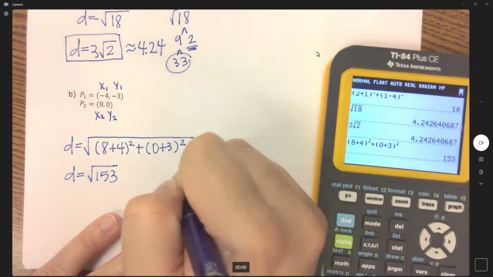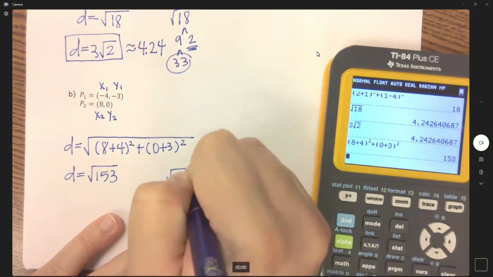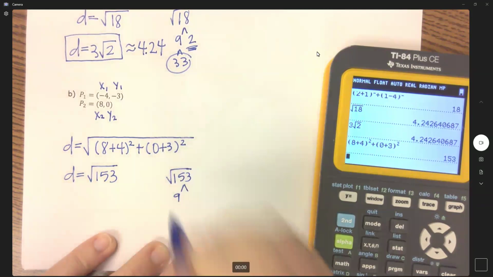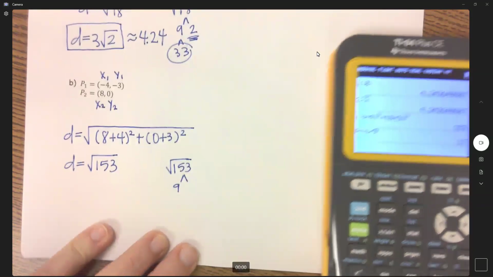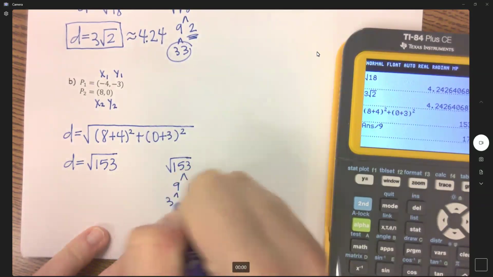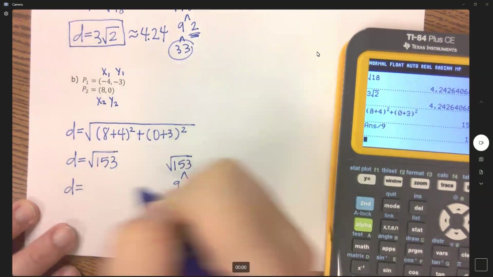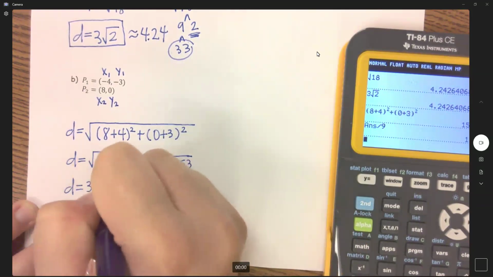I know I can divide it by a 9. So let's divide by 9. We get 17. So 17 is a prime number, but 9 is 3 and 3. So this is 3 square root 17.